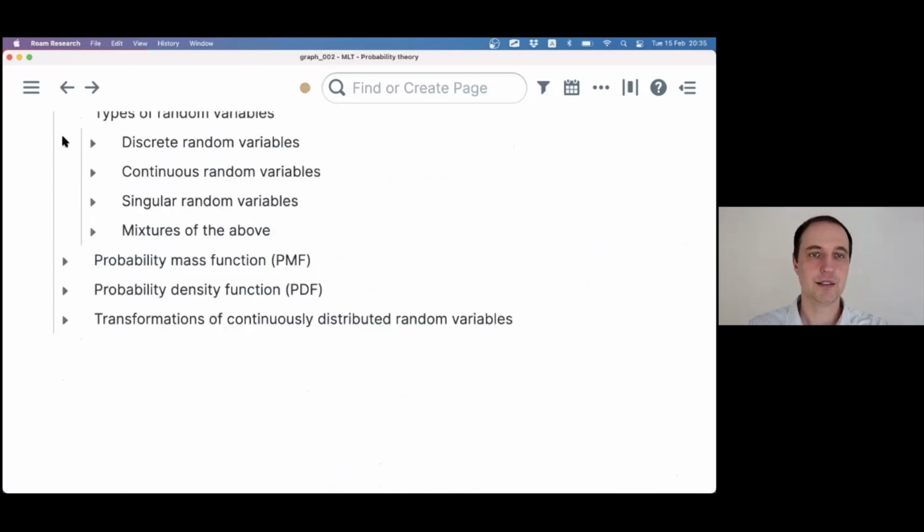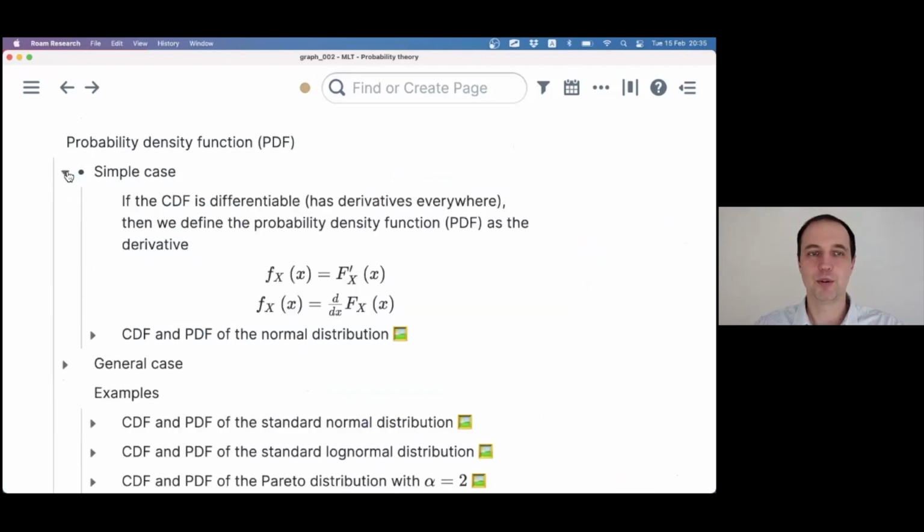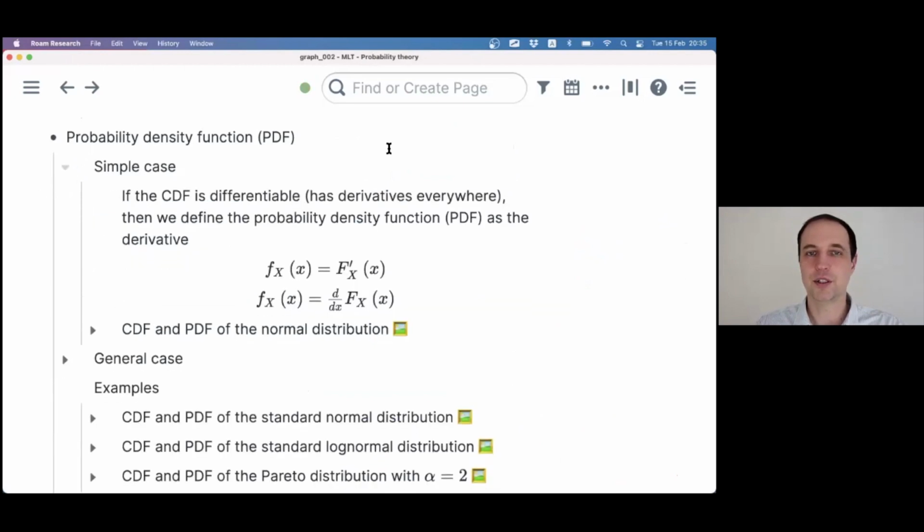And then we are getting close to the main subject of today's discussion. Probability density functions. They will be defined for the so-called continuous random variables. I'm going to elaborate on that, but let me remind you of the simple case that we had the last time.